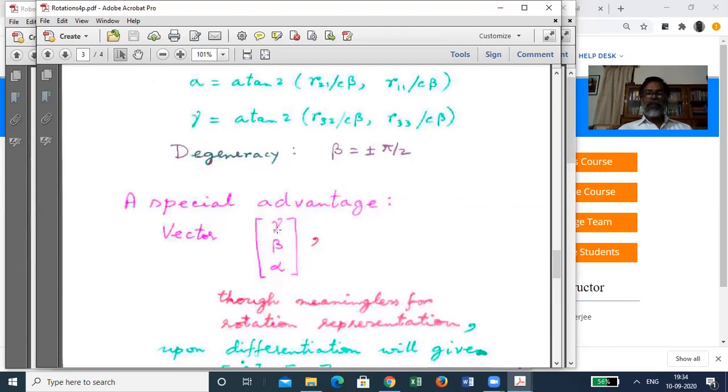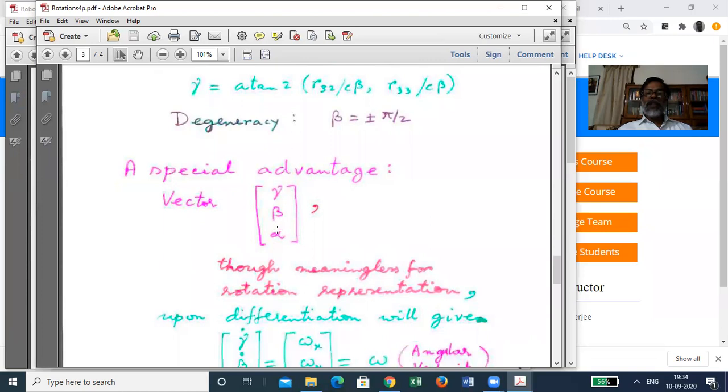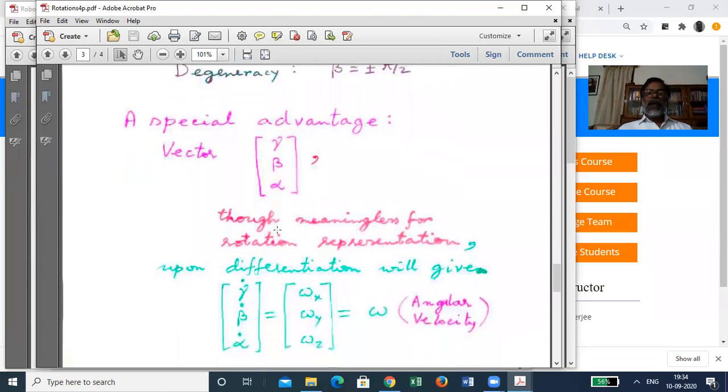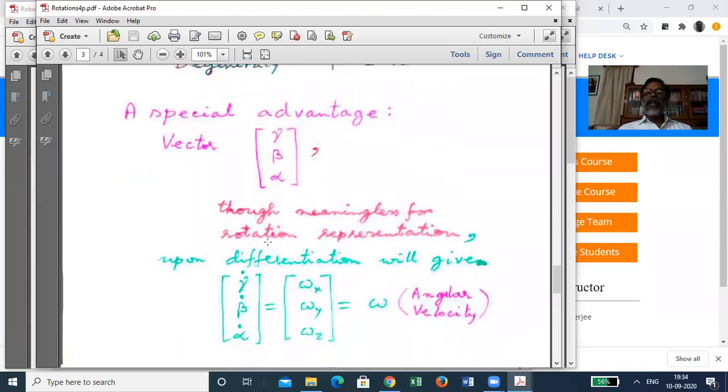Okay. So upon differentiation, this gamma dot, beta dot, alpha dot, that indeed gives you the components of the angular velocity vector.